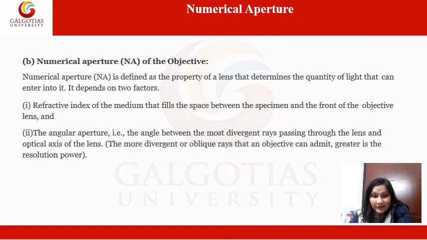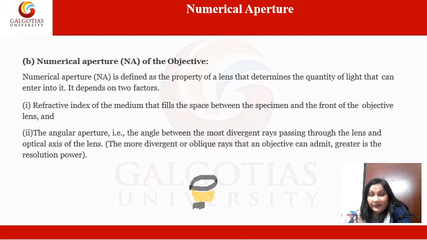Now what does this mean? Suppose this is your specimen, and this is your objective lens, and this space is filled by oil. So now the medium is not air over here, the medium is oil, and the refractive index depends on the medium that fills the space between the specimen and the front of the objective lens.